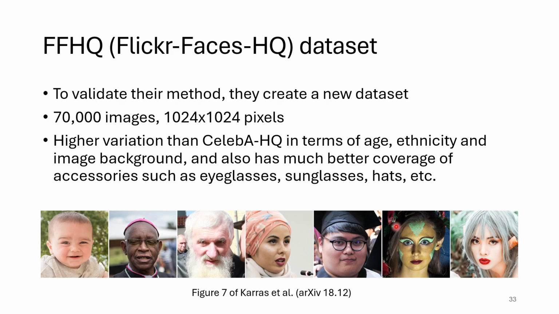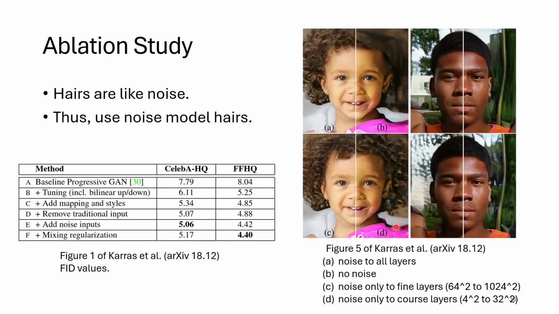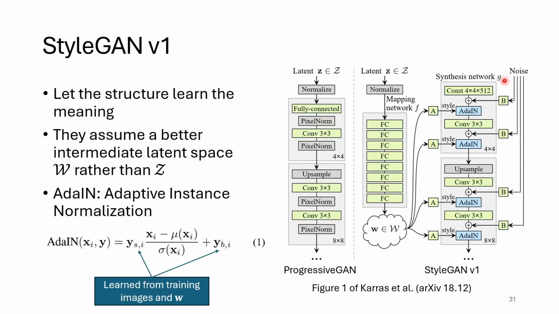So the variety of the FFHQ data is greater than the CelebA-HQ dataset. So this is the result. Let's pay attention to this. They add noise. Why do they add noise here?